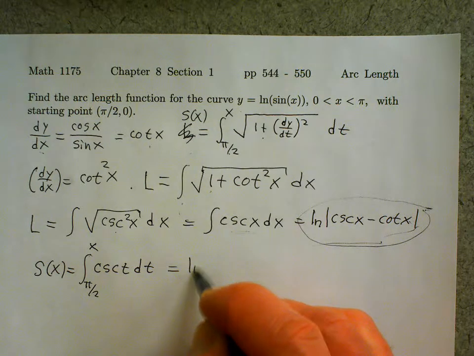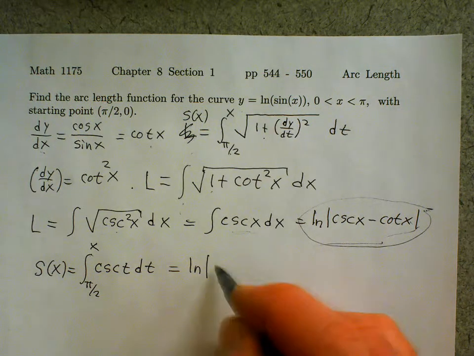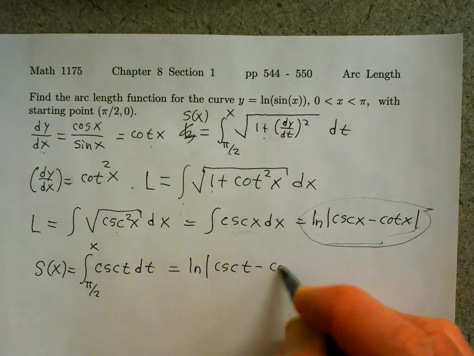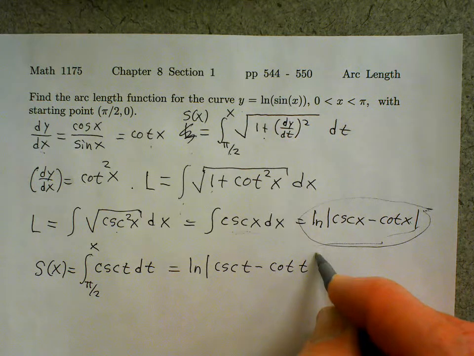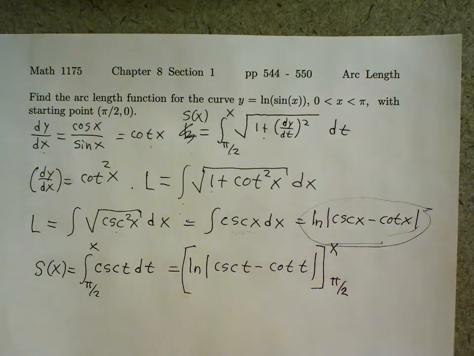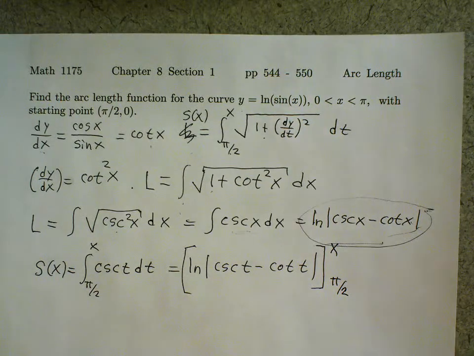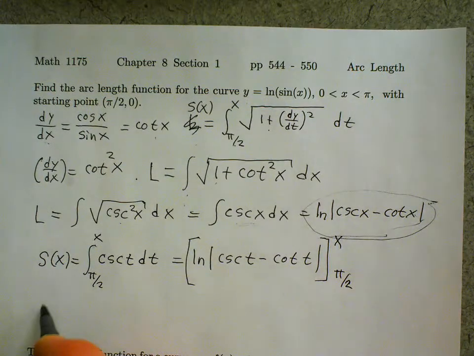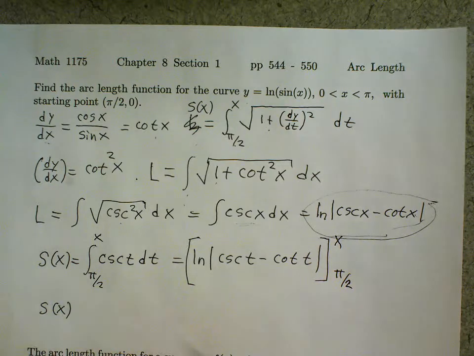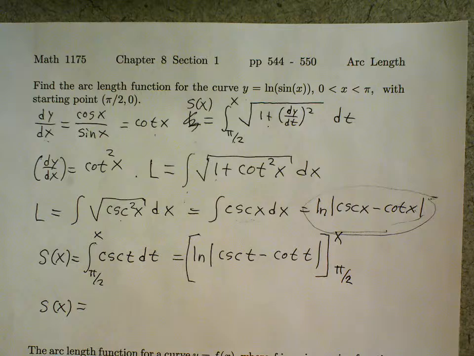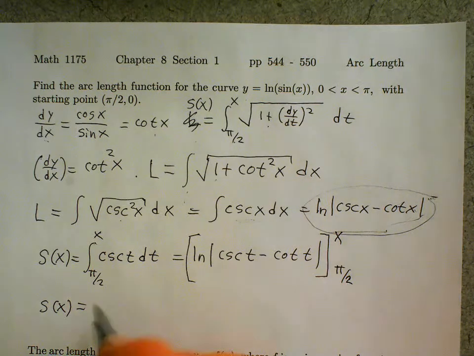And then we have the natural log of the absolute value of cosecant of t minus cotangent of t, evaluated from pi over 2 to x. Okay, so we're almost done with this one. The upper limit is x, so replace t with x.